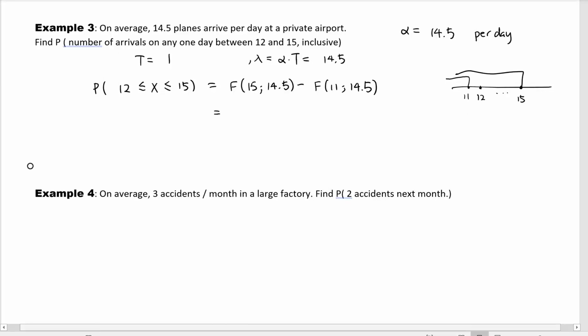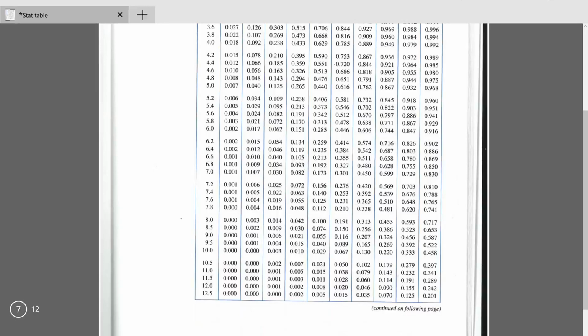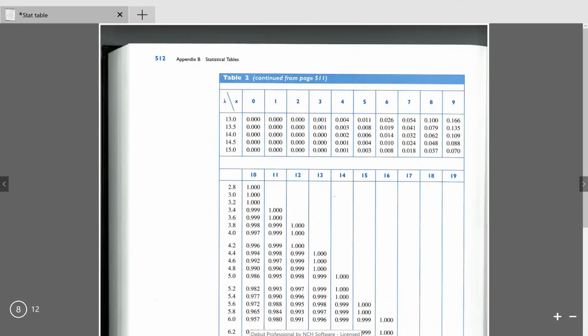Okay, so let's find it in our table. 14.5, not here. Let's go to the next page. 14.5. Yeah, here we see 14.5, but it's at most 9. We need 11 and 15, so not this page. We continue. So you actually need to look at the table and find the numbers, because I remember in the previous semester, some students in the exams asked me, oh, there's no value here.